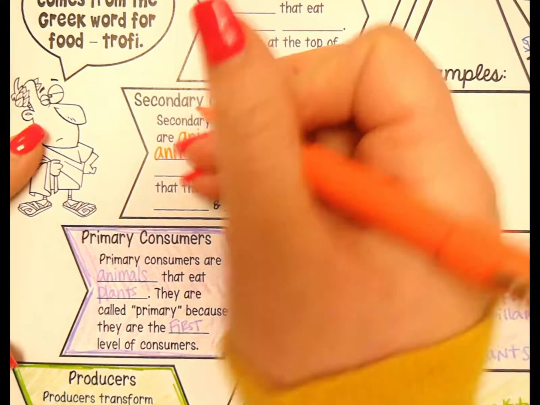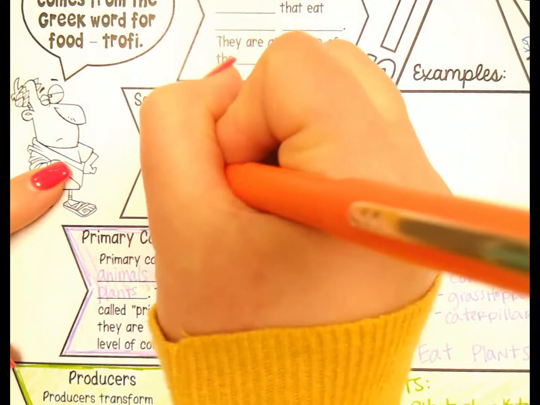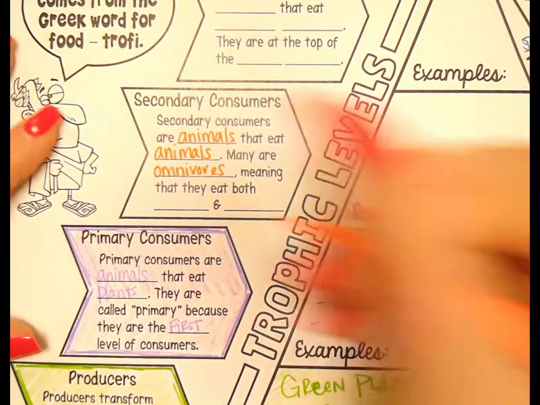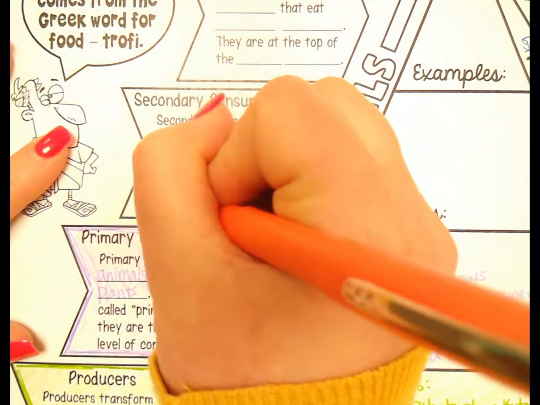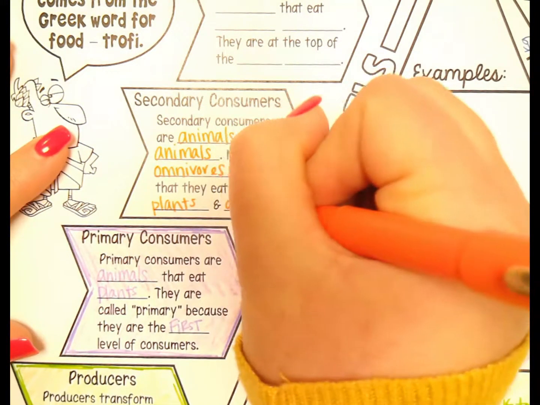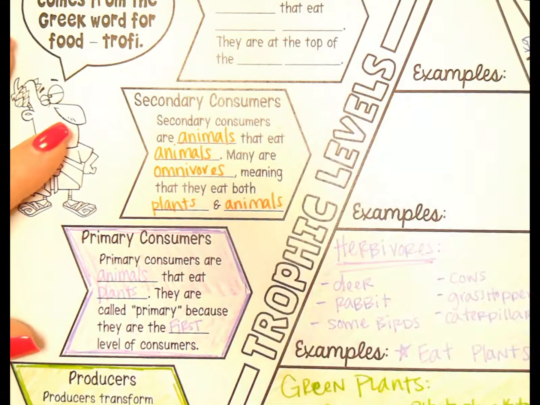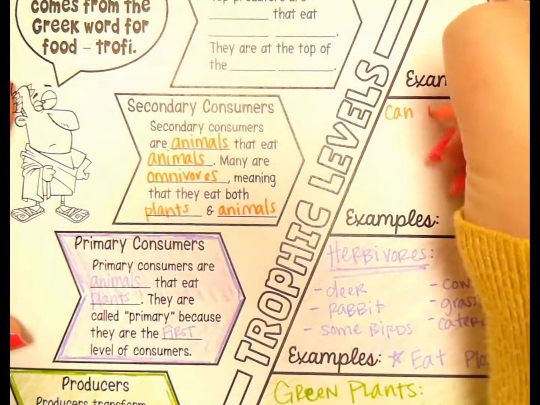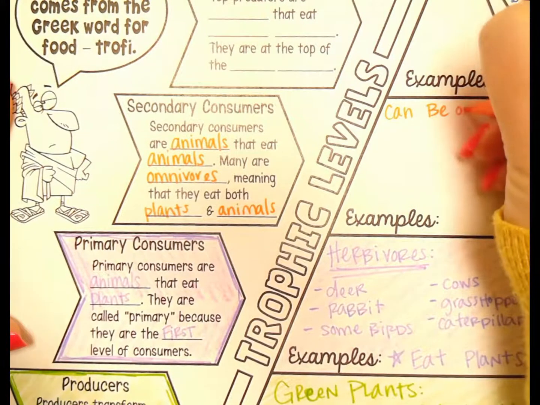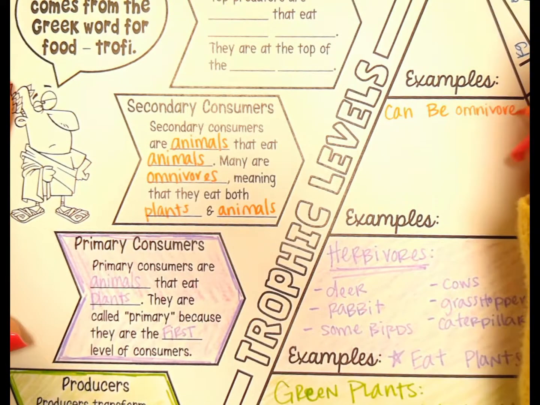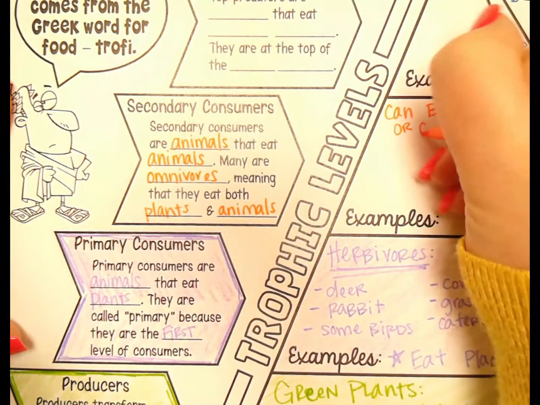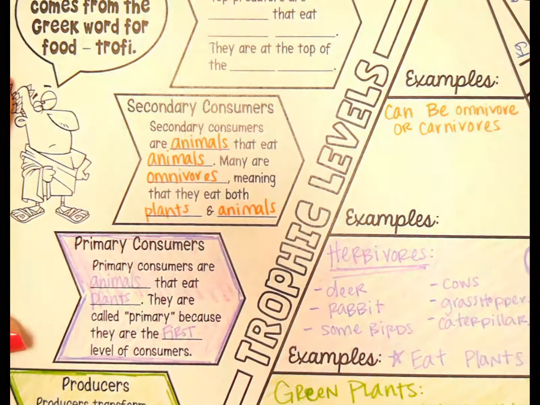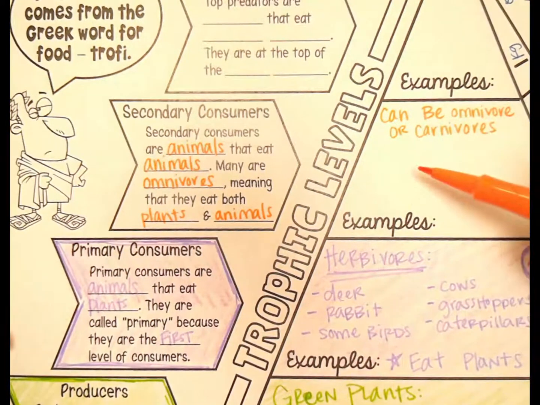A lot of secondary consumers are omnivores, meaning that they're going to eat both plants and animals. And so these are going to be either an omnivore, or they can also be carnivores, right? It just depends.